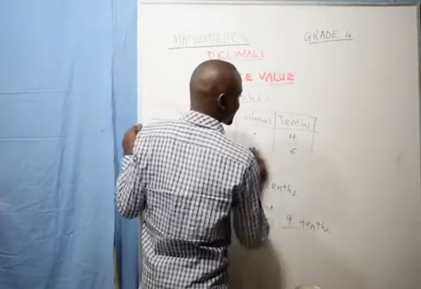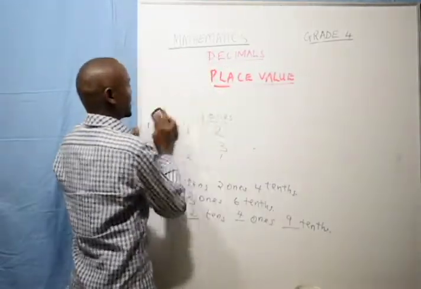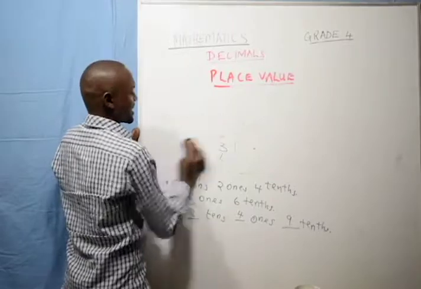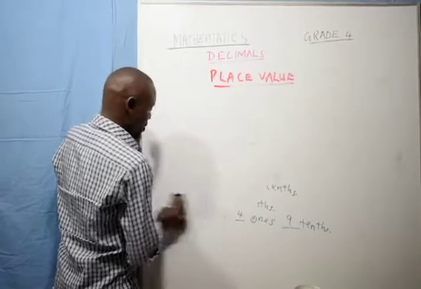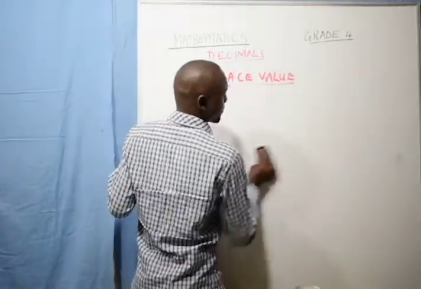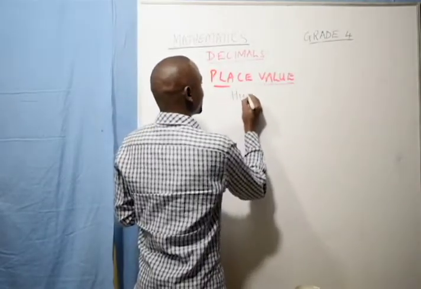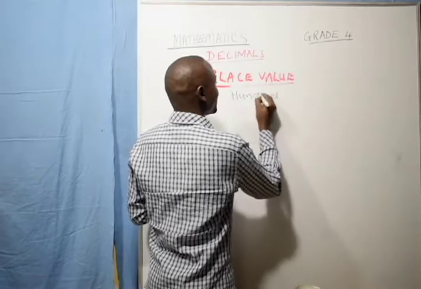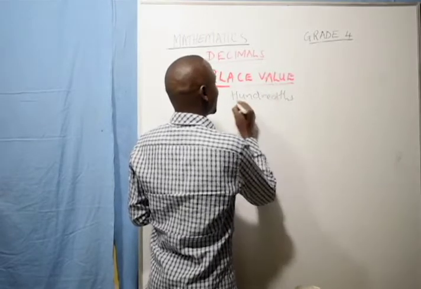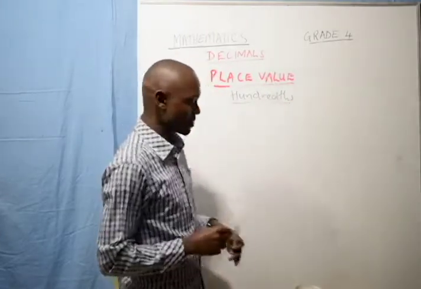Let's look at the hundreds place value. How do we represent the hundreds place value? We say it is the second digit after the decimal point.